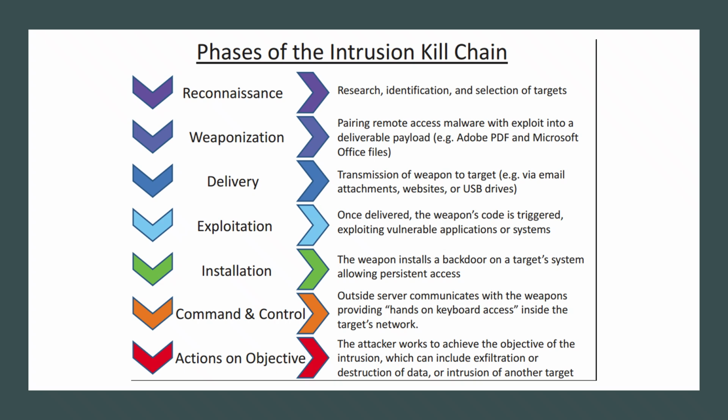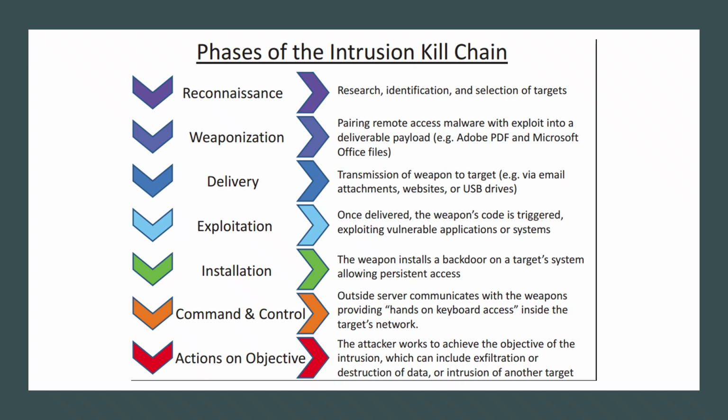Command and Control, C2, is when the compromised systems connect back to the attacker infrastructure, enabling remote control. Finally, actions on objectives involve achieving the attacker's ultimate goals, such as data theft, sabotage, or espionage.